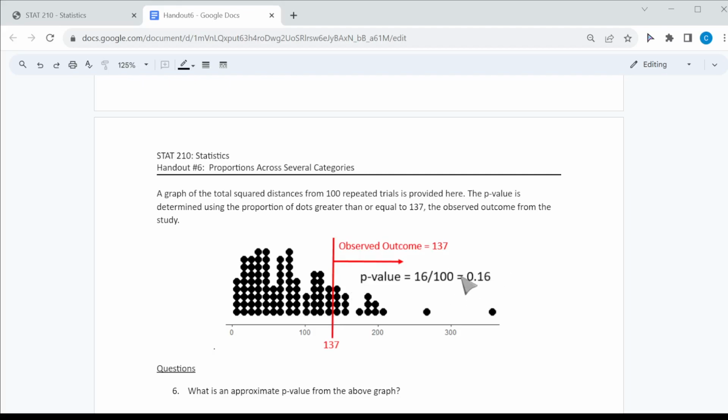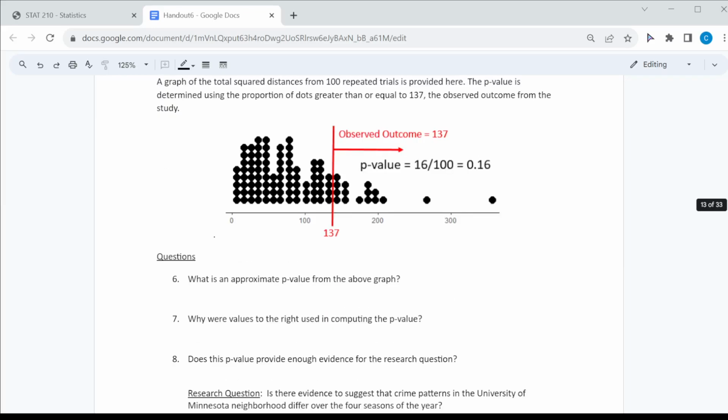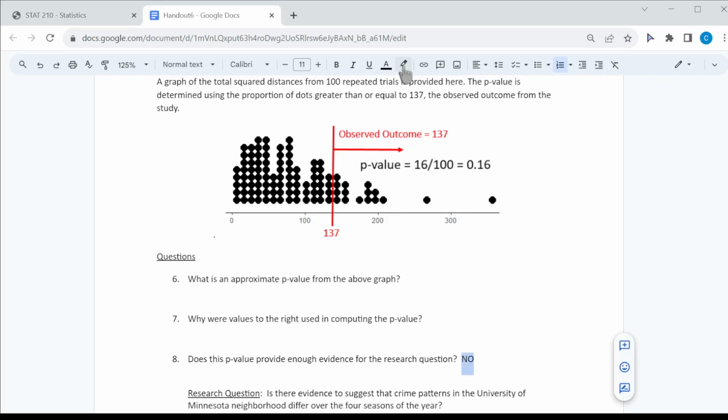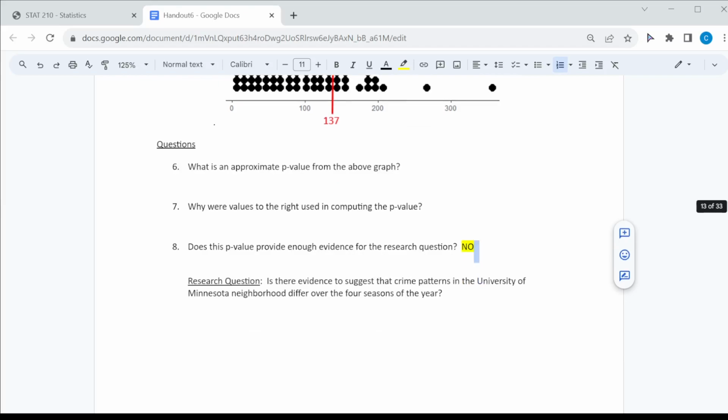In the context of this particular example, we have a p-value of 0.16. I have one p-value now. That is not less than 0.05. So does this p-value provide enough evidence for the research question? No, it does not. The reason being is that my p-value is not less than 0.05. So we do not have enough evidence for this research question.